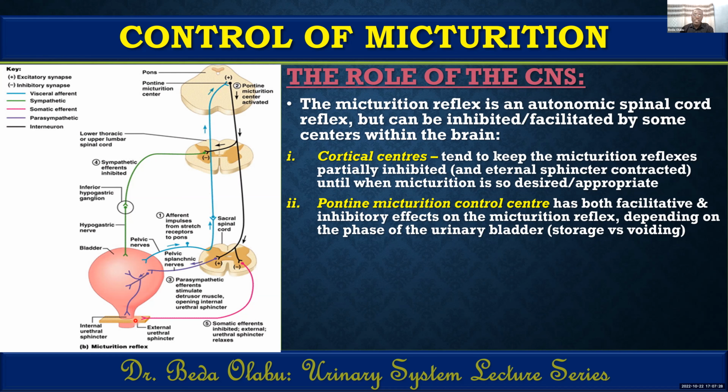And that means that that muscle will therefore also not contract, will relax. Leads to relaxation of the external urethral sphincter. Remember, that one is controlled by skeletal musculature. So that's what happens if the pontine micturition center is activated.